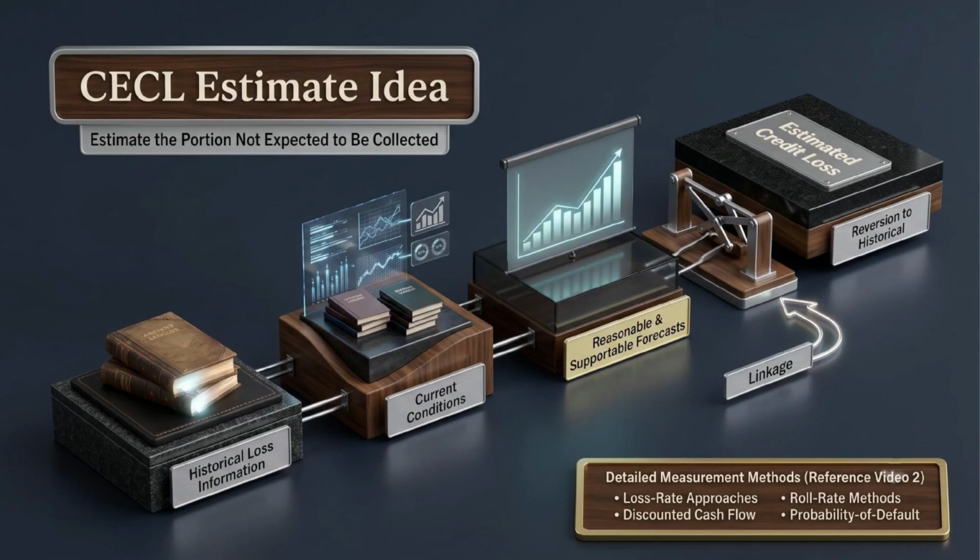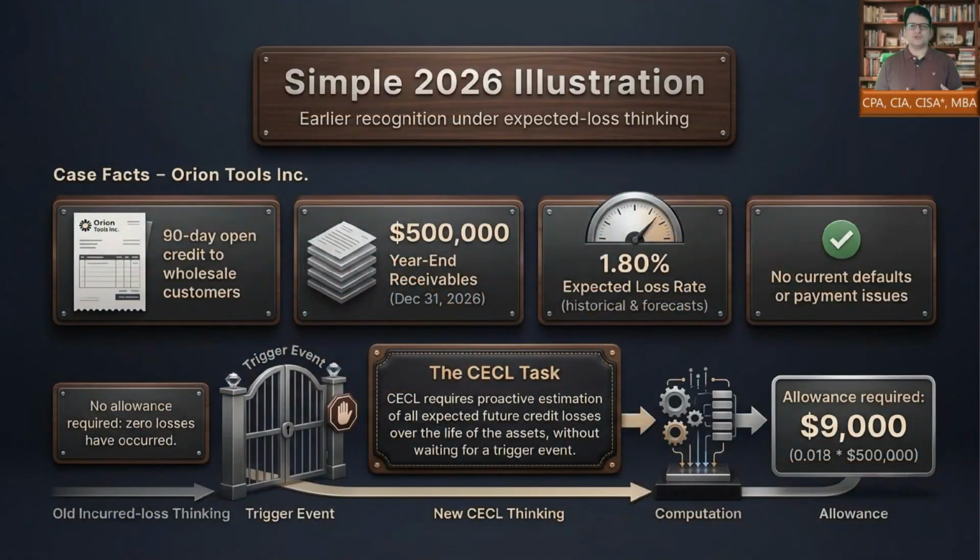And when forecasts are no longer supportable, the model reverts to historical information. Video 2 will handle the detailed measurement methods, including loss rate, roll rate, discounted cash flow, and probability of default approaches. Let us make the shift practical with Orion tools in 2026.